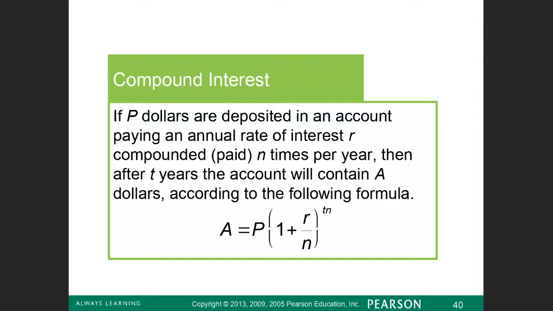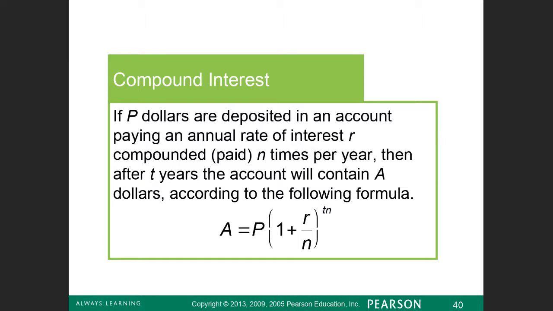Compound interest. Definition: If P dollars are deposited in an account paying an annual rate of interest R, compounded N times per year, then after T years, the account will contain A dollars according to the following formula.